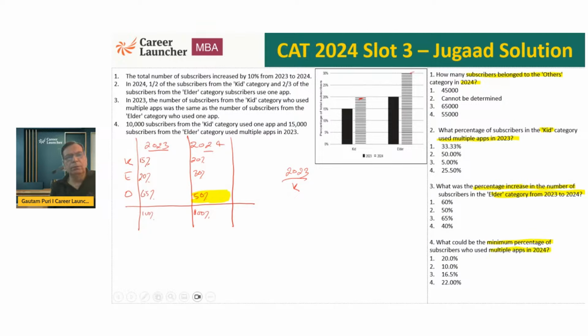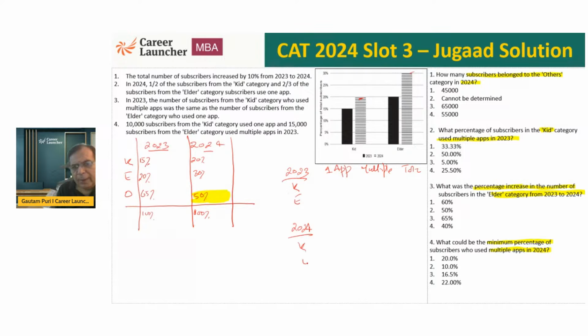So what do we need? We need kids and elders for 2023, one app and multiple apps, and obviously total. Same thing we need for 2024 also.